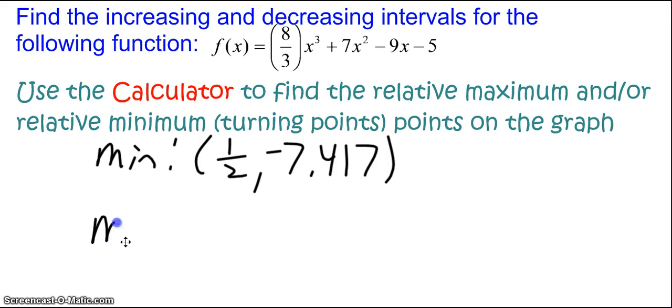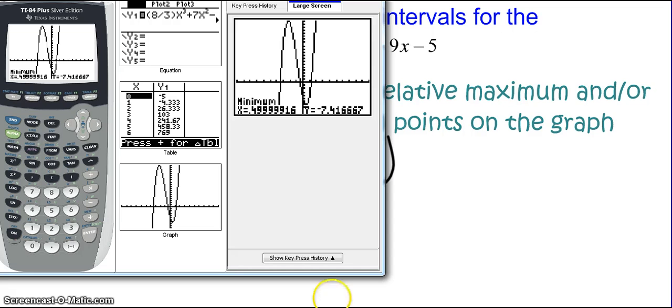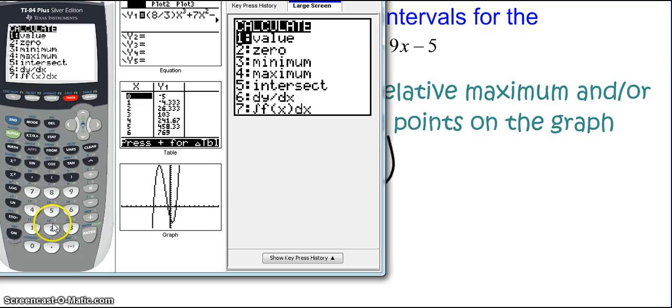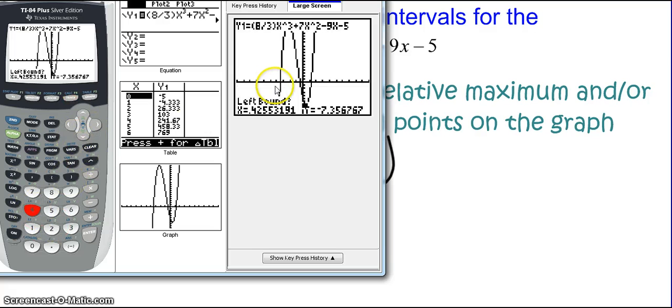And then we want to find the max, so we're going to do that same thing again. If I do second trace, maximum, I need a left bound for the maximum, so I'm going to do, let's say, -5. And then I'm going to do 0, because I know that that's to the right. Now I don't want the bounds to contain both of them, so that's the only thing I have to be careful about.